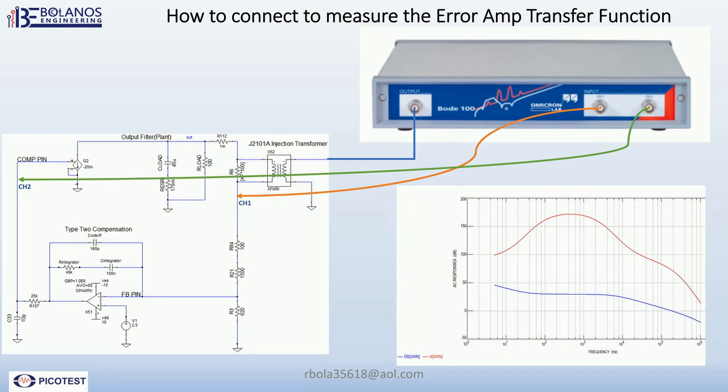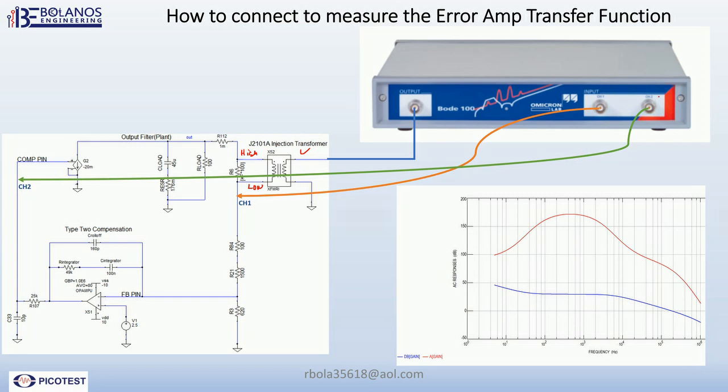Now this is the way you connect the Bode 100 to measure the error amp transfer function. Again, we're using the same injection transformer, and again, this is the high side, low side of the injection resistor.